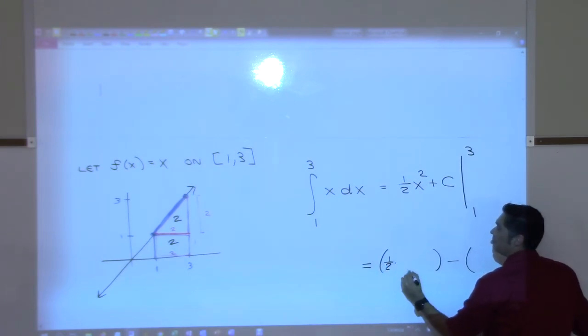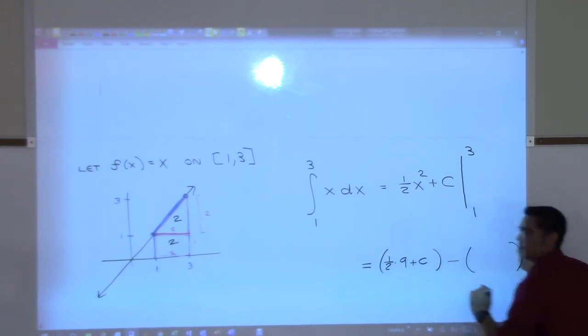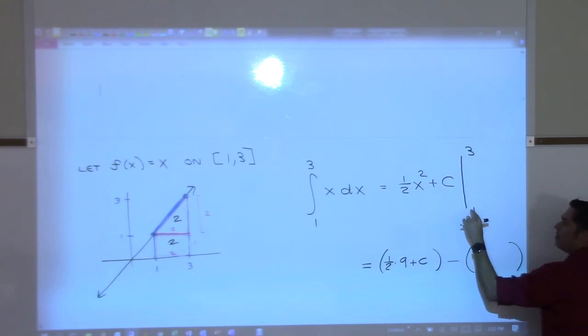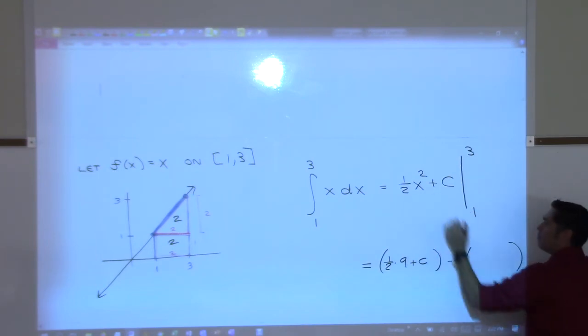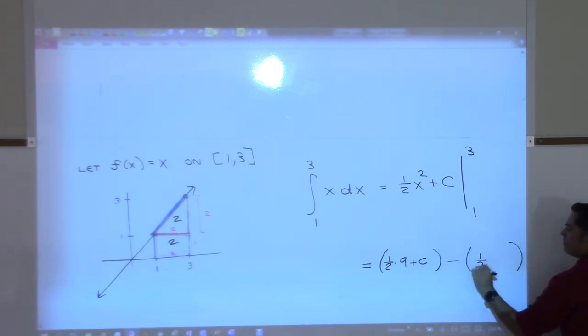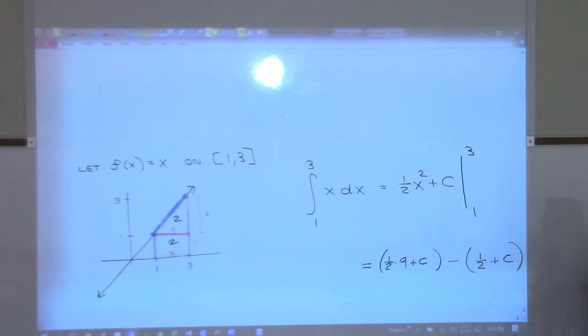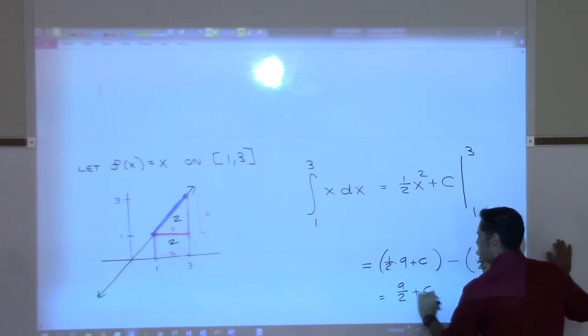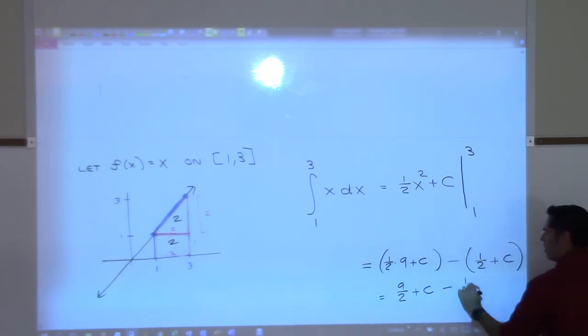1/2 times 3 squared, right? 9 plus c. Yes? And then subtract from that what you get when you plug in 1. So what do you get when you plug in 1? 1/2 plus c. All right, let's see what this is. Half of 9 is 9/2 plus c minus 1/2 what?